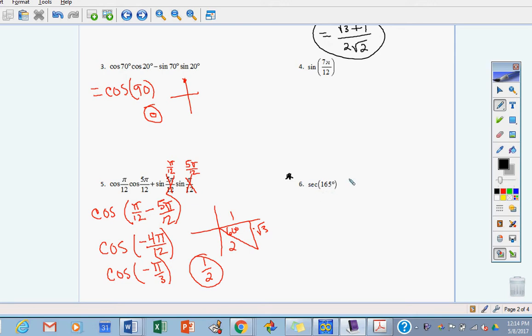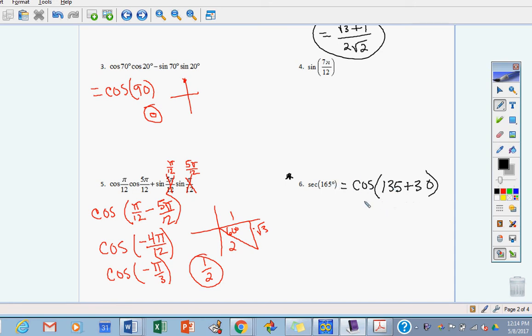So you can think of this as cosine, and then just remember at the end of the problem to take the reciprocal of that, and that would give you secant. Well, I know 165 is still kind of goofy for some of you, but if you look at 135 plus 30, that actually is equivalent to 165.